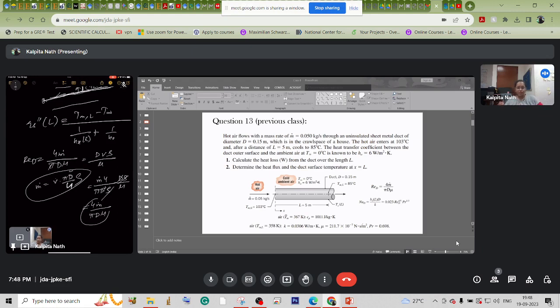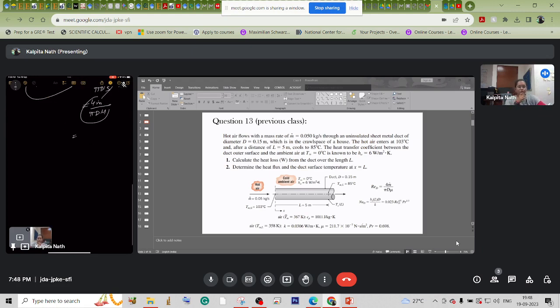Okay, so we'll just put these values: 4 into 0.05 kg per second, pi into 0.15 meter diameter, into 211.7 into 10 to the power minus 5 Newton second per meter square. This will come out as 20050. So flow is turbulent.